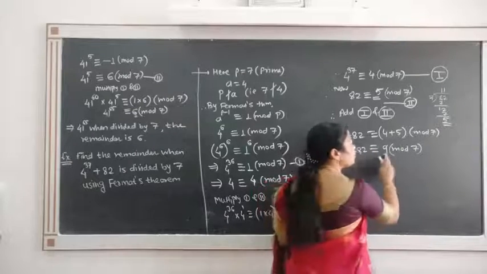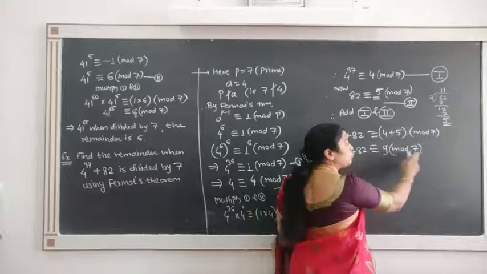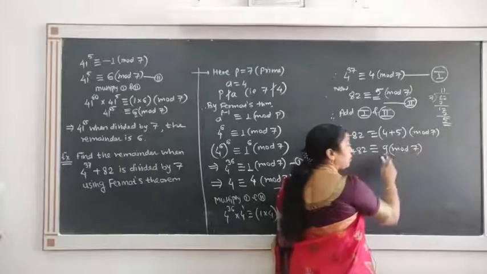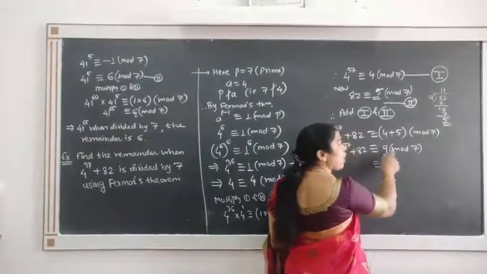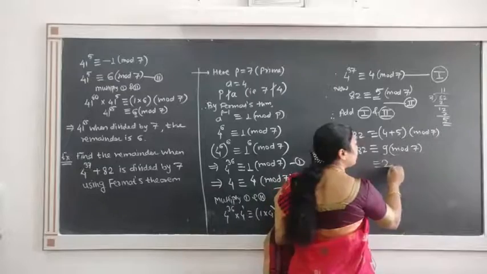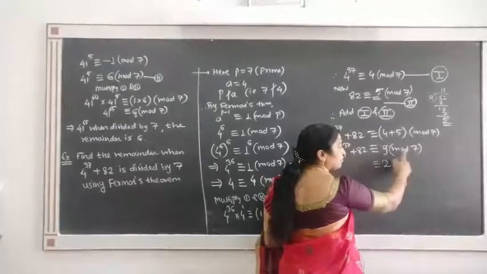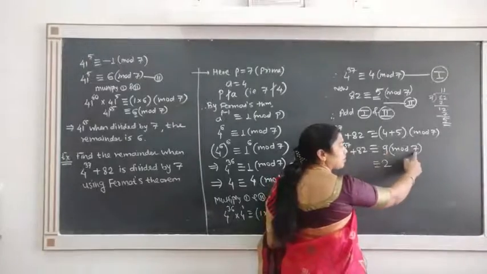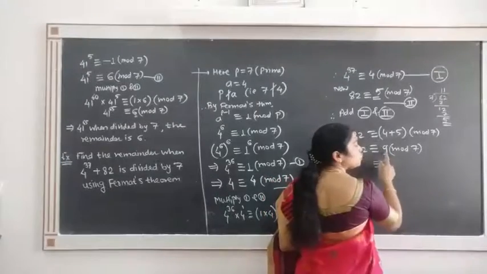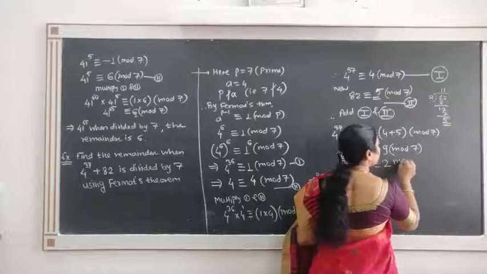But because this is a remainder, it should be less than 7, and therefore we again divide 9 by 7, the remainder is 2. 9 is congruent to 2 modulo 7.